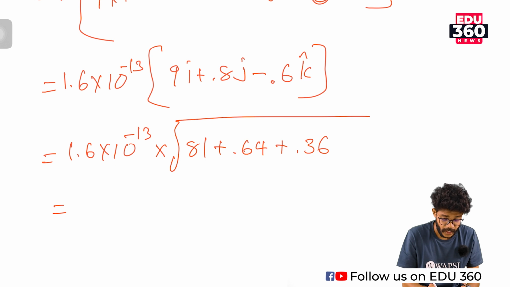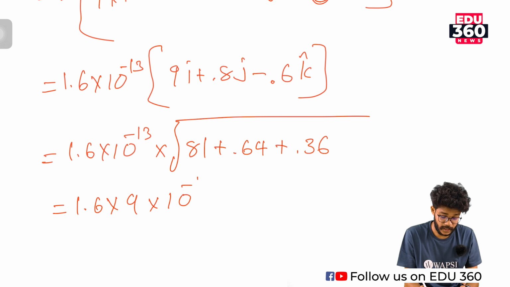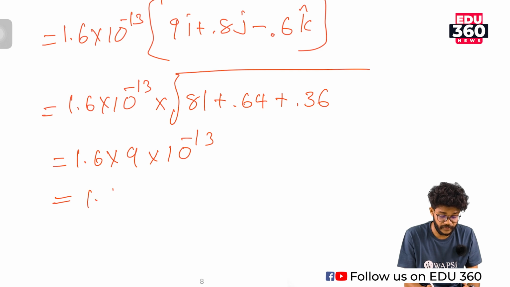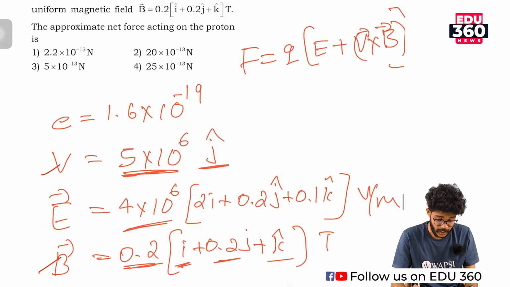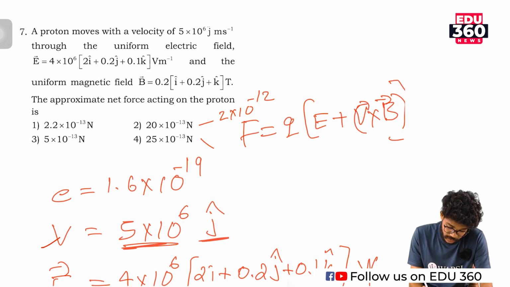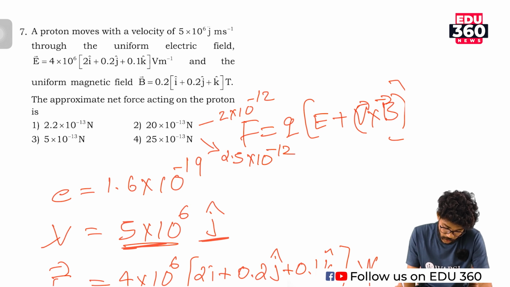So it is multiplied: 1.6 into 9 into 10 raised to minus 13, which is approximately 14 into 10 raised to minus 13, that is 1.4 into 10 raised to minus 12, the approximated value. Here the first option we can't change. The second option we can change to 2 into 10 raised to minus 12, and the last option is 2.5 into 10 raised to minus 12.